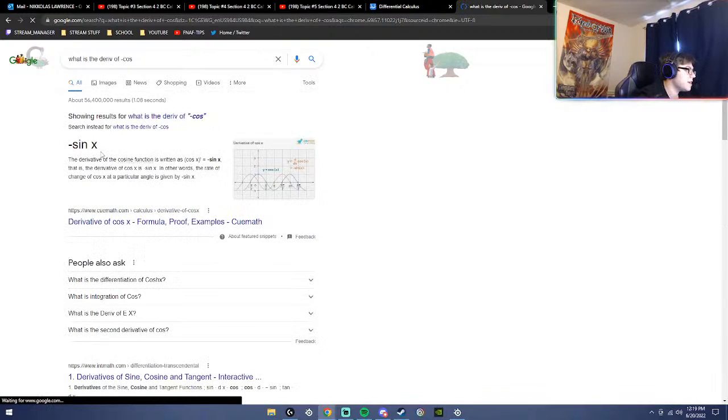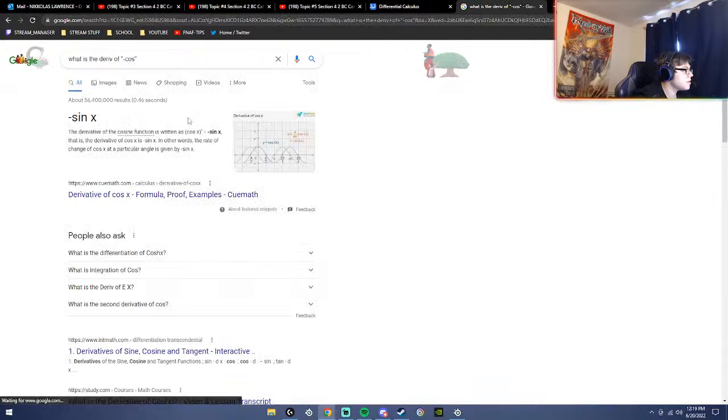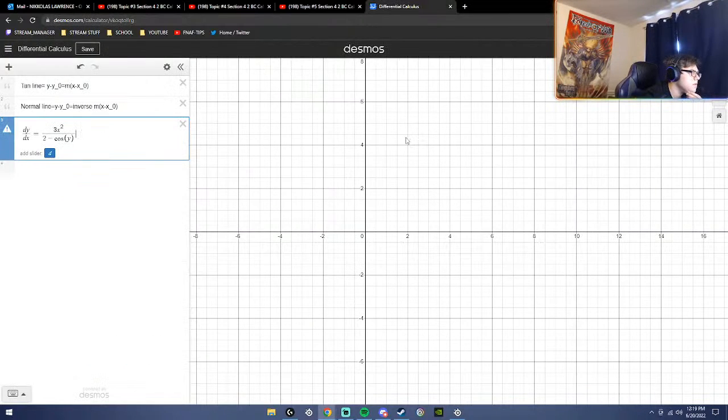Should be regular sine. So it'd be minus sine of y, and then dy dx. That's going to be all over 2 minus cosine of y squared.